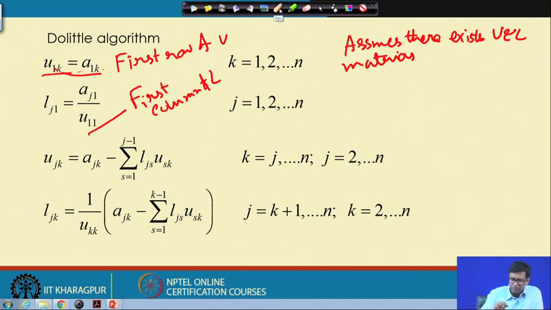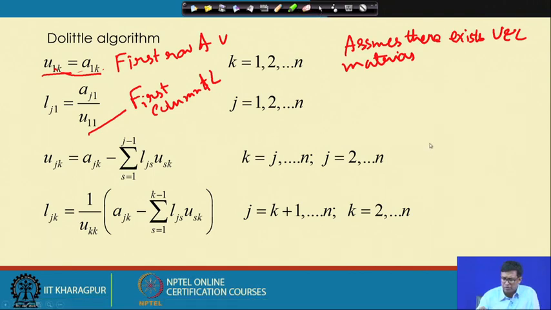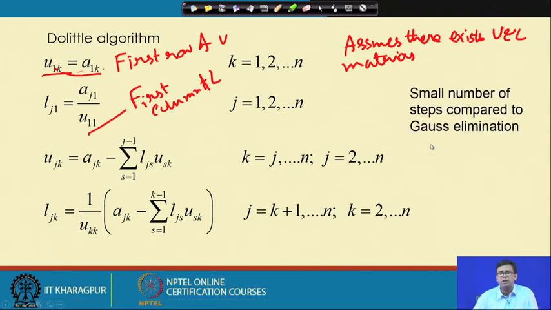And this is a quite popular algorithm and has been utilized in a number of cases. The advantage of this algorithm is that in a very small number of steps compared to Gauss elimination, it can solve the system if it is a banded matrix.